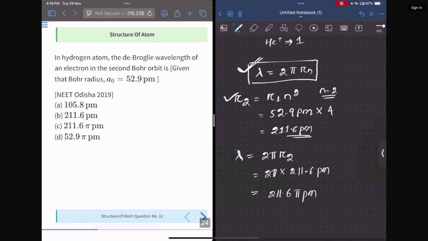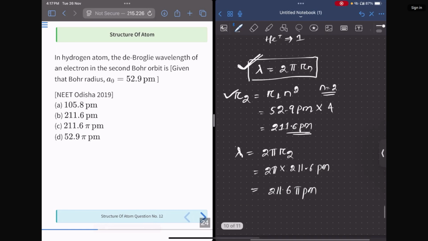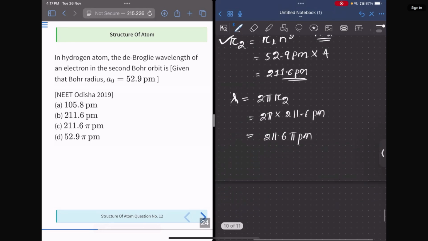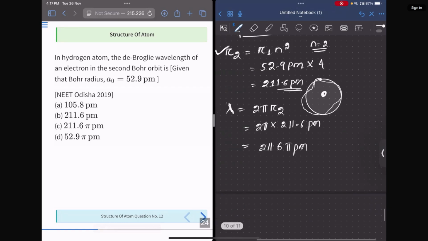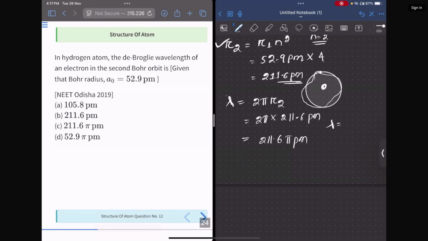Do you know how this formula is derived? Let's see. If it is the first orbit, then there will be only one wave formed, and the wavelength lambda of this wave will be the same as the circumference of this first orbit.